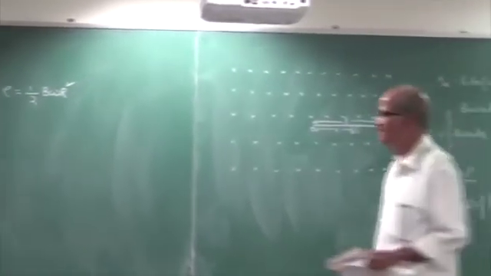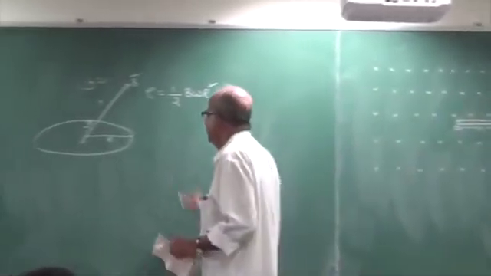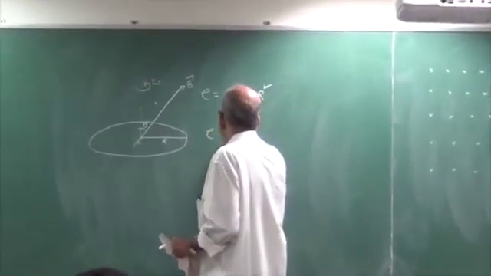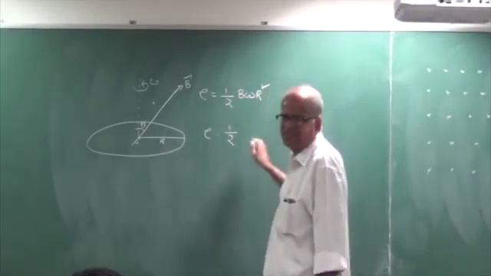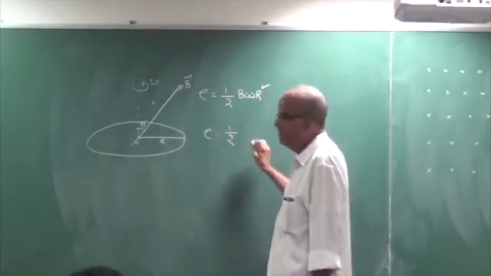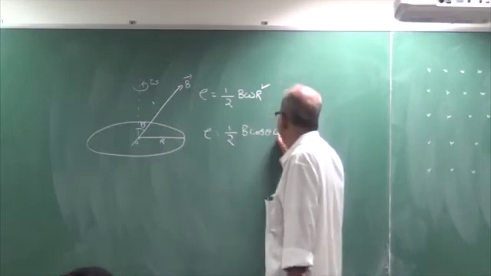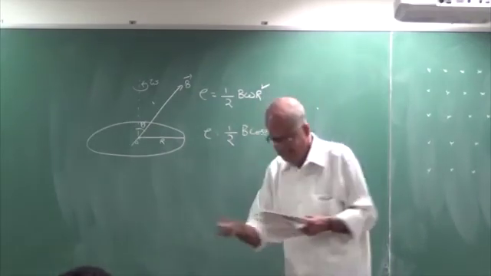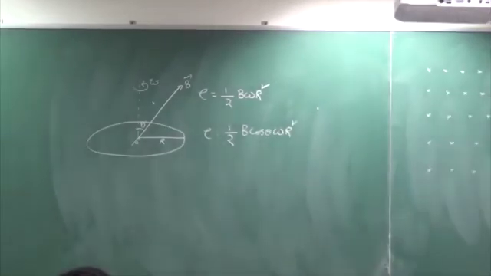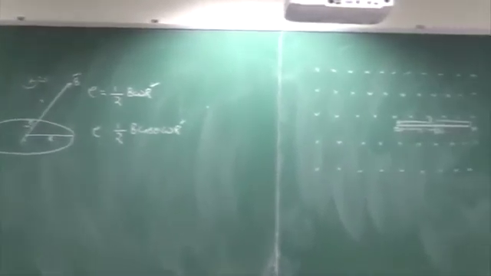What can you guess about the strength of the field? Yes, it's B cos theta, so the EMF is half B cos theta omega r squared.